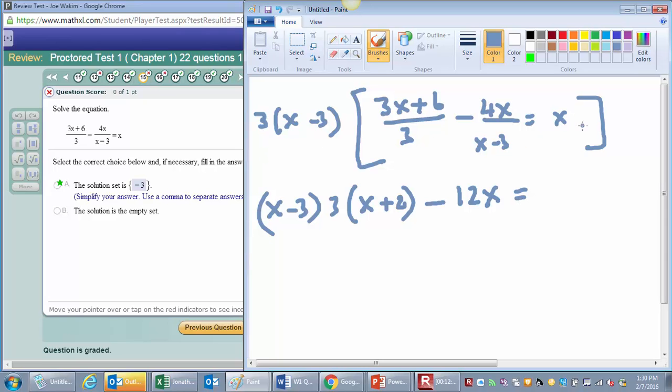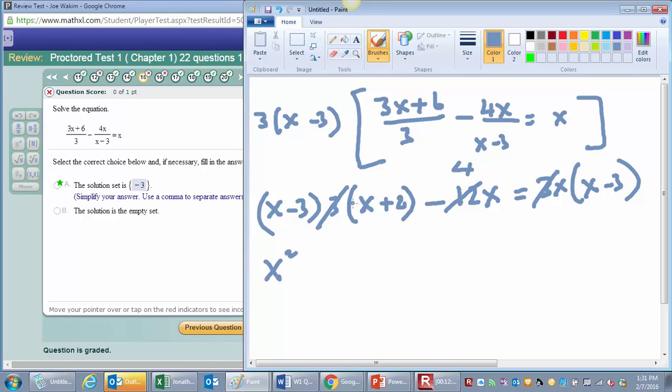On the last one, nothing will cancel, so we multiply 3 times x minus 3 times x. So 3x times x minus 3 would be the right side. All right, let's simplify here. Notice that 3, 3, 3, we can simplify. This by 3 would be 4, and this by 3 will cancel. So we end up with x squared.